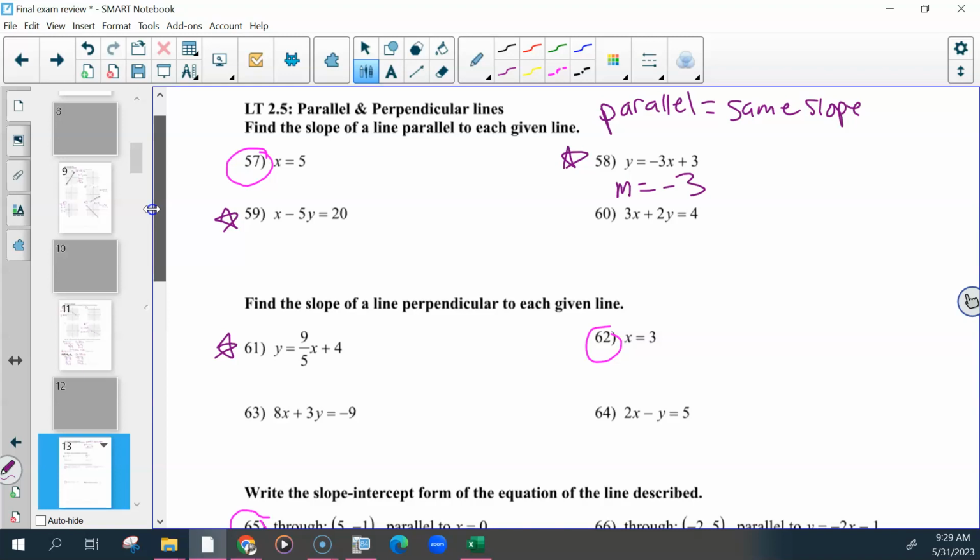For 59, we have to solve first before we can figure out what the slope is. So subtract x on both sides. Divide everything by -5. We get y equals, this becomes positive 1/5 x minus 4.